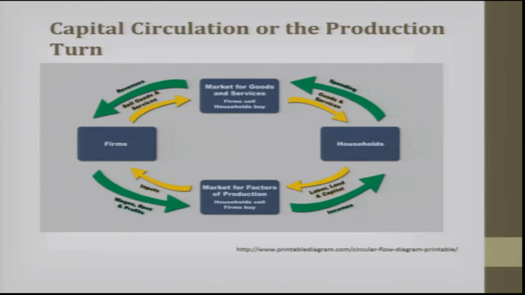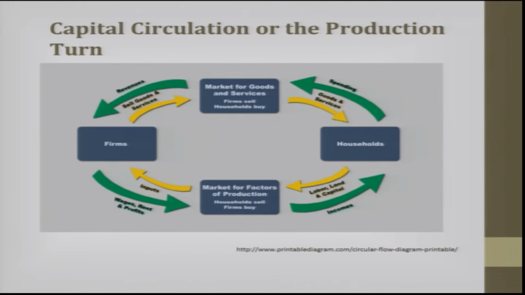Let us start from here, the firm. The firm sells goods and services, and what the company gets is the revenue. Goods and services are sold to the household, and this is the spending which comes in.